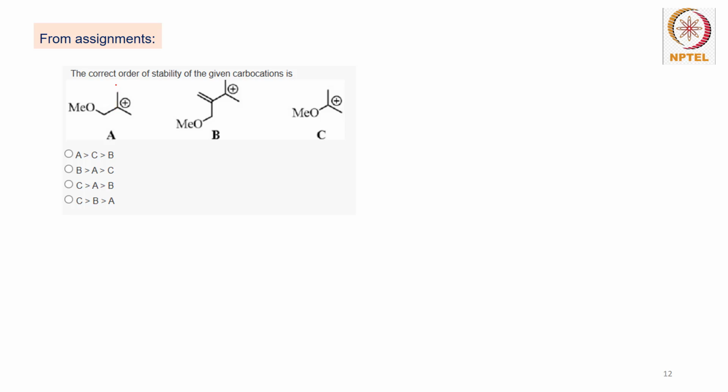How many alpha hydrogens does it have? It is a methyl, so 3. Another methyl, 3. It has 2 hydrogen. So how many alpha hydrogens in total? 8. 8 alpha hydrogens.